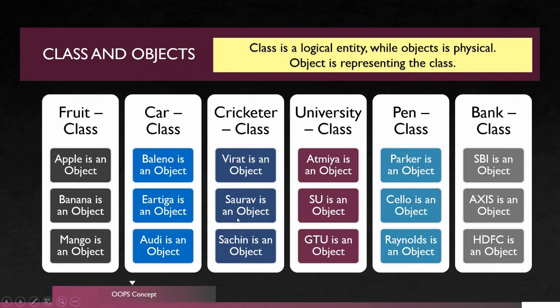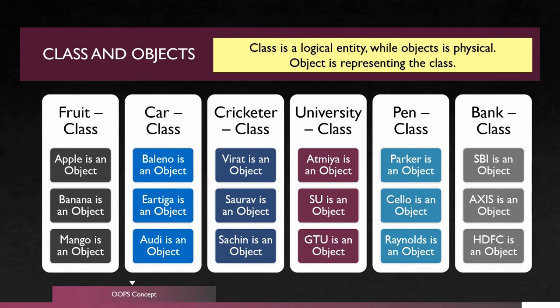For example, Sachin is a cricketer, so you can say the object is representing the class. Atmiya is a university, so you can say Atmiya is representing the university. Here you can say apple is a fruit. So there is a has-a relationship between the class and objects.